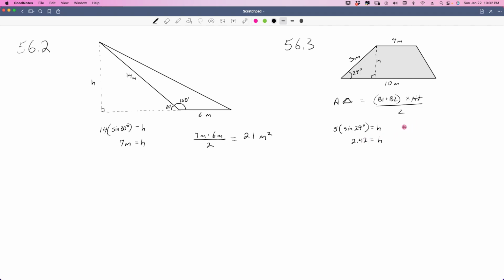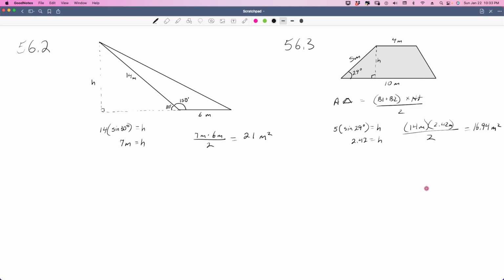So now we can say base 1 plus base 2, that's going to be 14 meters times 2.42 meters divided by 2. And that's going to give us 16.94 meters square.